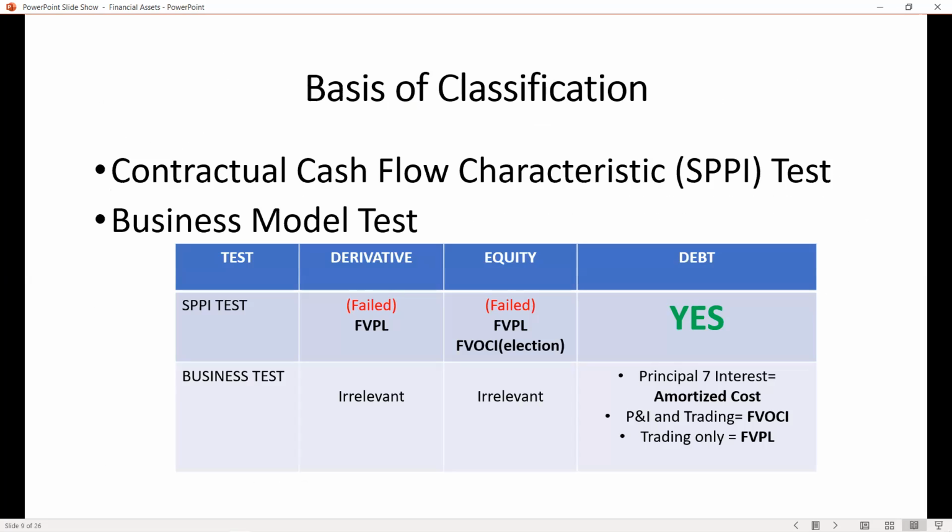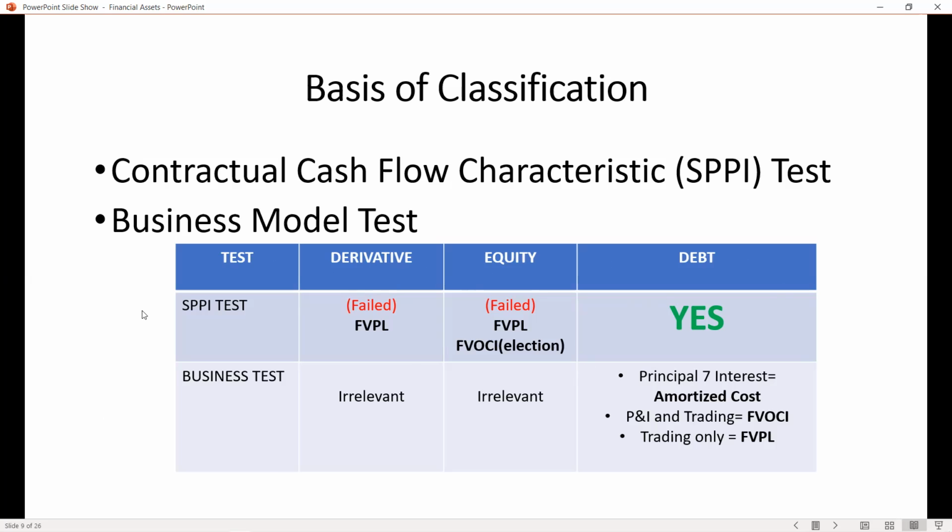As we remember from our receivables, loans and receivables, annually we collect interest. So the sole purpose of the security is to collect the principal and interest. That's why it passed the SPPI test. From those three financial assets, only debt security passed the SPPI test.